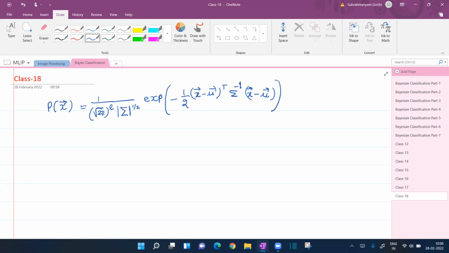You could also see that the dimensionality of the inside will be 1 cross 1. Now, this is the expression that we got earlier.